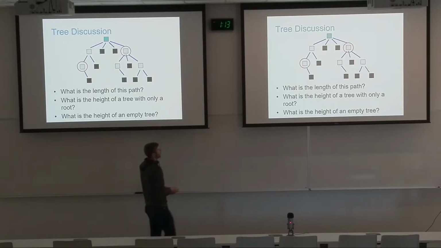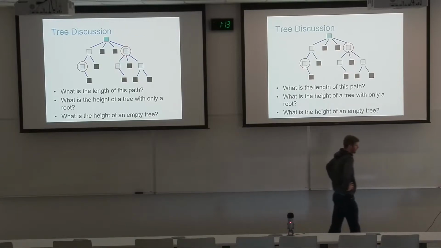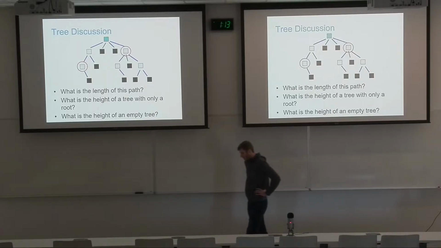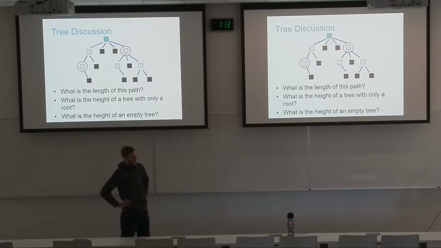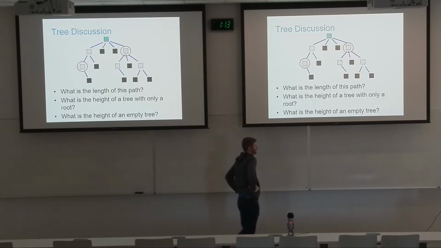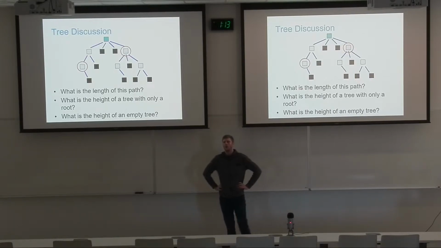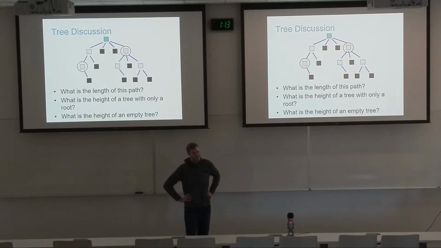What is the height of a tree with only a root? Well, based on what we just learned, what would that be? Remember, the height of a tree is the length of the longest path from the root to some leaf node. If I'm only counting edges, and there are no edges, the height would be 0, right?